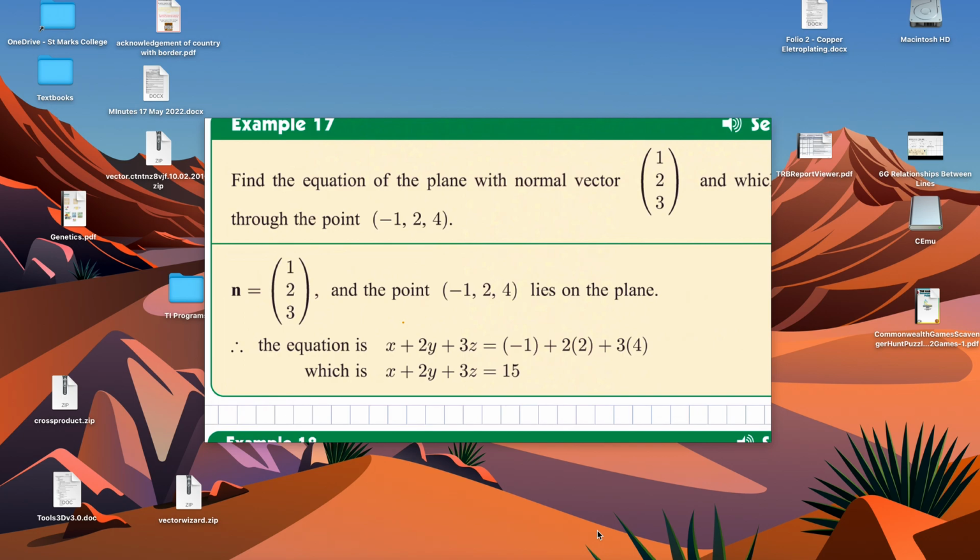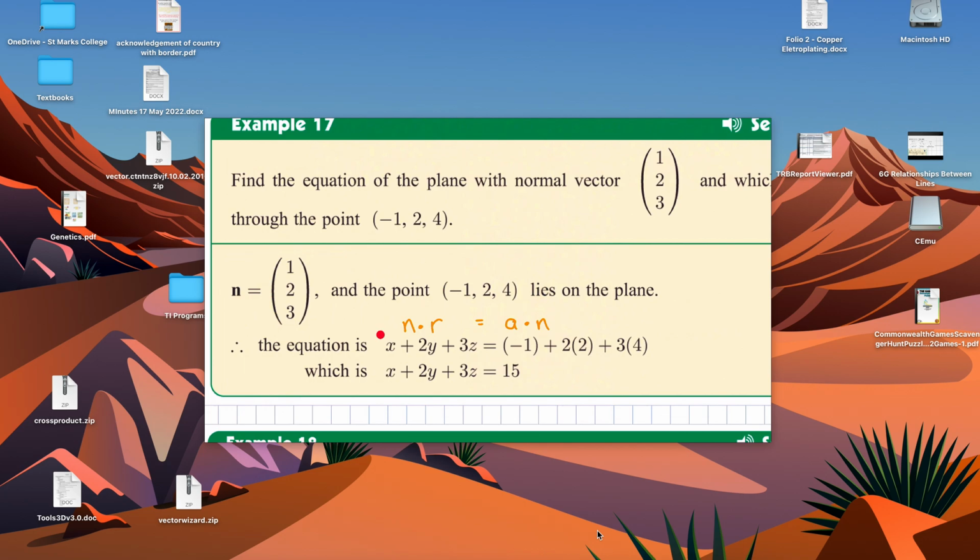We're doing n dot r is equal to a dot n. So our n dot r is going to be this with our x, y, z.